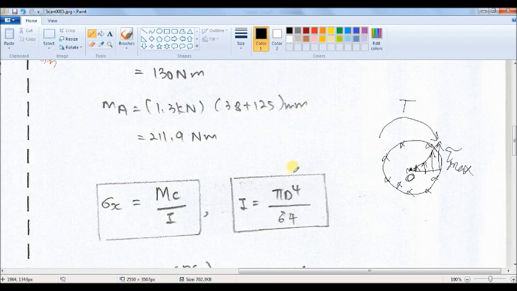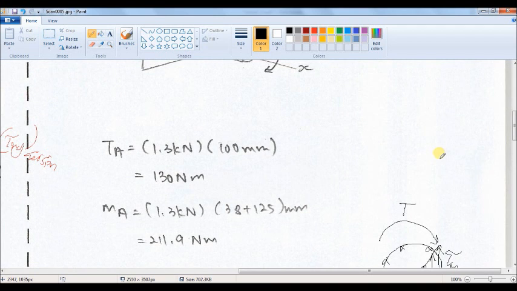And as I drew earlier, the distribution of axial stress or tension by moment or bending moment will be in this way.